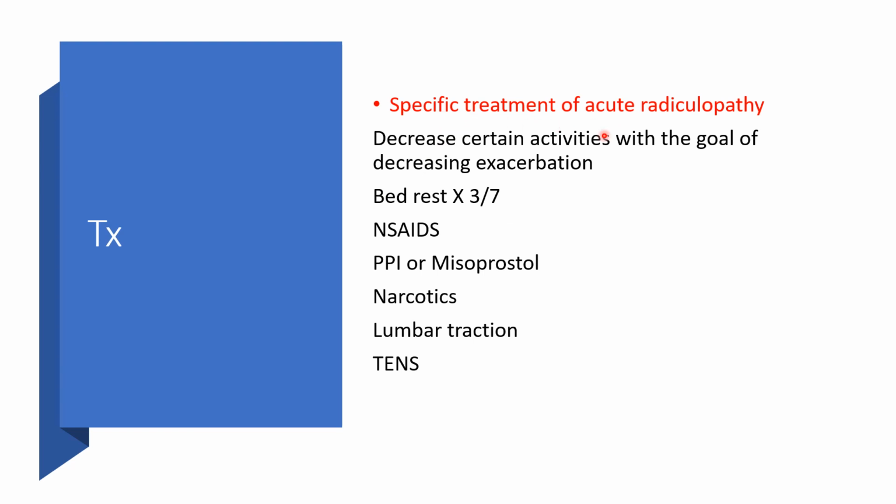Specific treatment could be embarked upon under specific diagnosis. For example, acute radiculopathy. If that is the case, we can have the individual advised that you have to decrease certain activities with the goal of decreasing exacerbation. Okay?